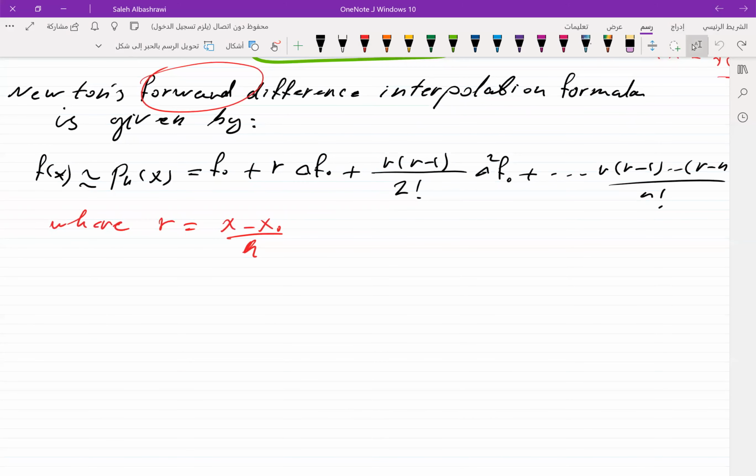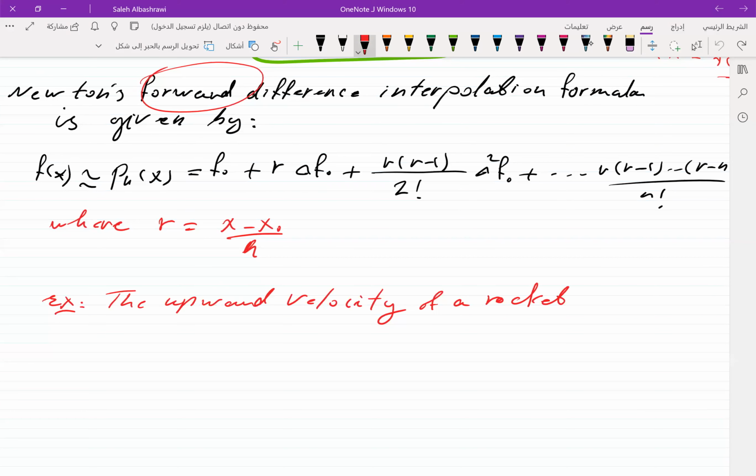Let's have one example for this formula. Let's say the upward velocity of a rocket is given by this table.